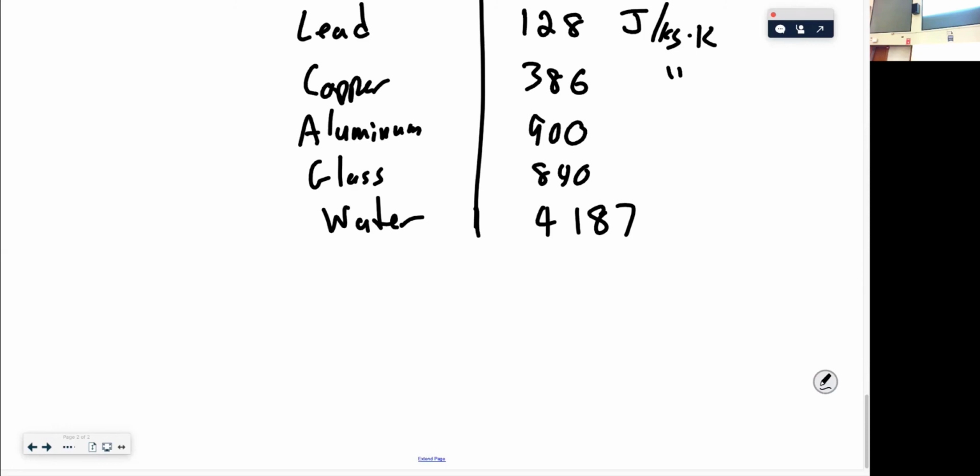It has major implications for weather patterns and life and everything else. So it's the molecules and the bonding of the oxygen and the hydrogen molecules. Are you answering the question of why it's so high?